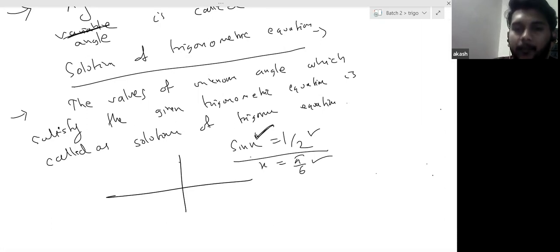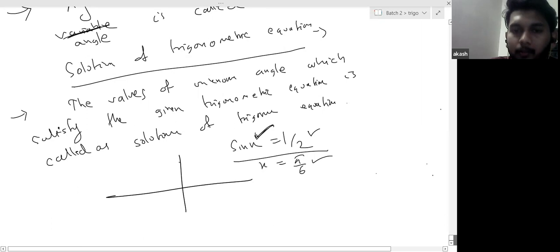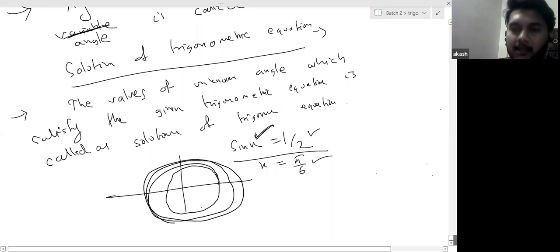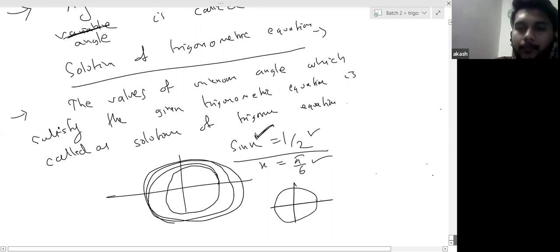This is circular trigonometry. What that means is you move from this and keep moving on. The angles keep changing, right? You can take as many circles as you want. One circle completes 2 pi angle. If you move again, then this angle is more than 2 pi. But the values will be the same.